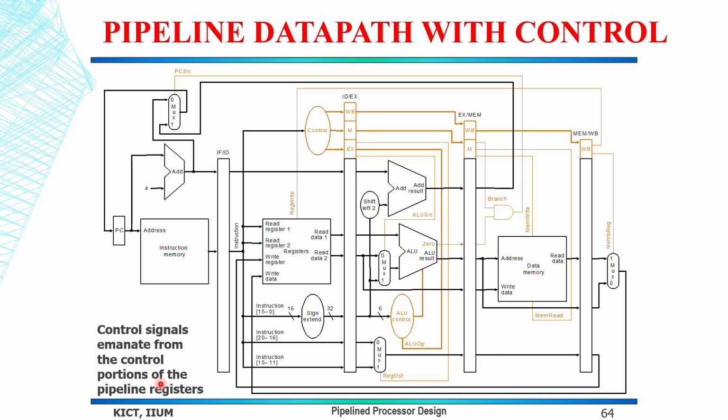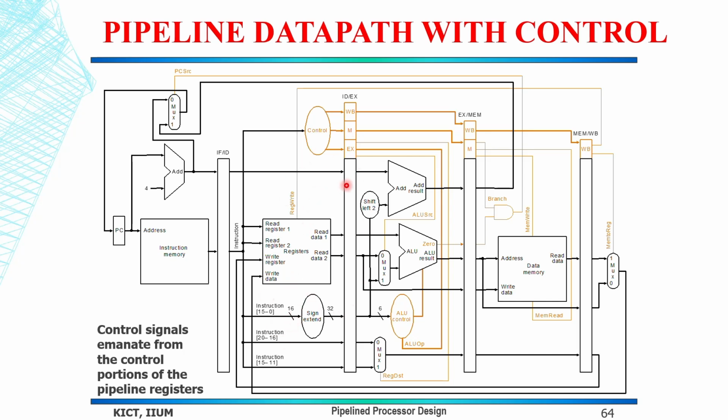In a pipeline processor, control signals are not generated directly by a central control unit at the moments they are used. Instead, all control signals are generated once in the ID stage, and then they are stored in the ID/EX pipeline register.